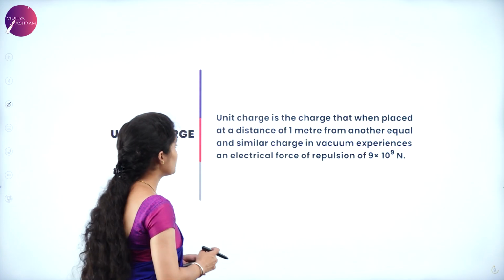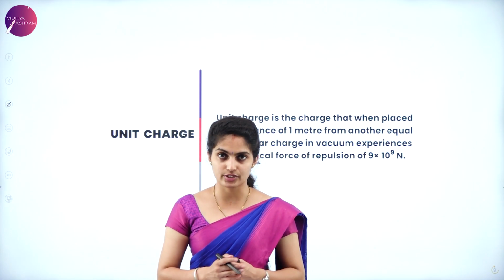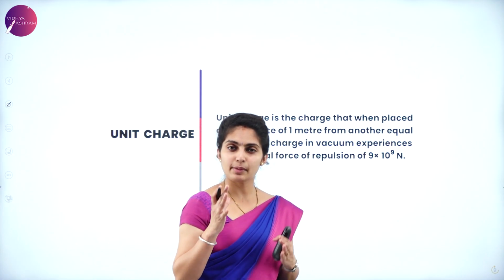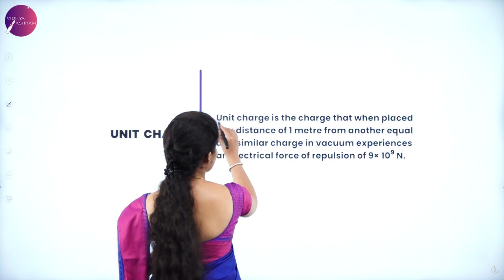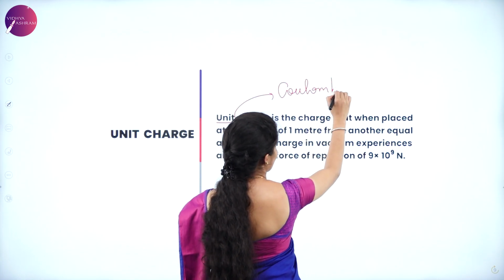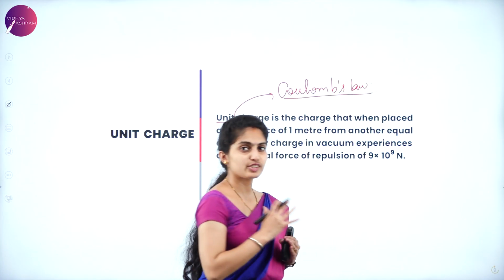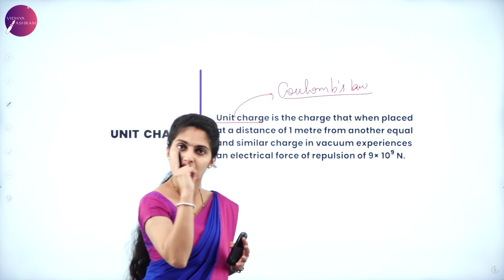And next let us go to the unit charge. What is meant by a unit charge? The same concept, that is Coulomb's law, and we have to mention what is meant by a unit charge. Unit means it's 1.